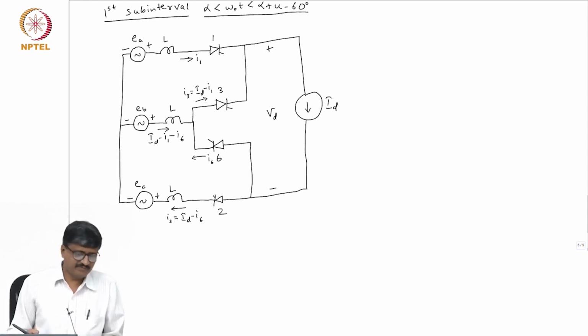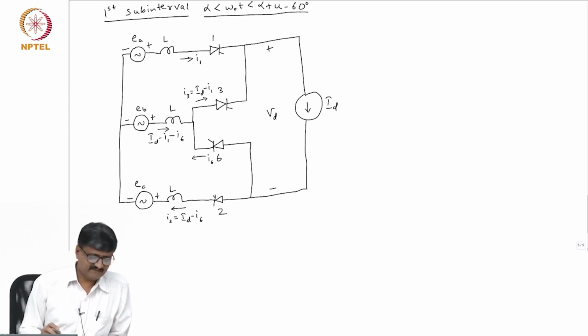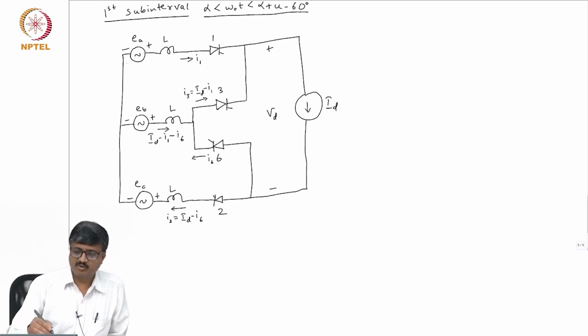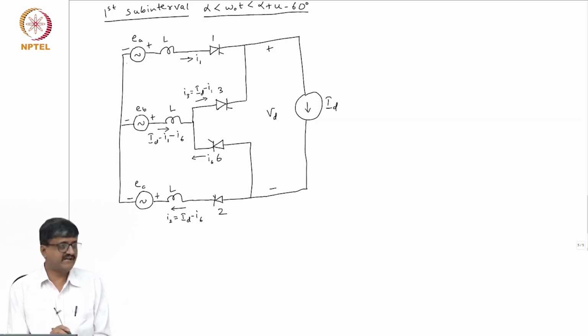So, if I take the loop consisting of EB, EA and the 2 inductances and of course, the valves 1 and 3, consisting of EB, EA, valves 1, 3 and the 2 inductances L, which are connected in series with EA and EB.